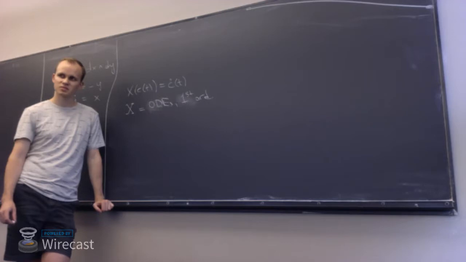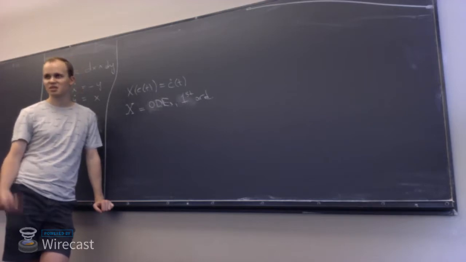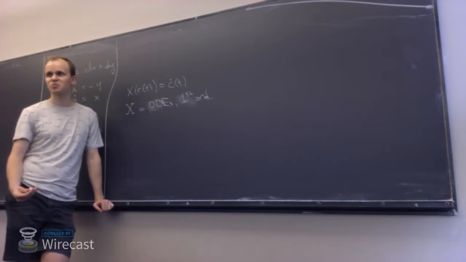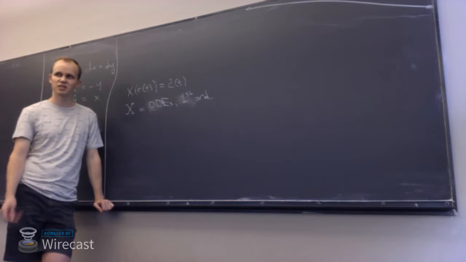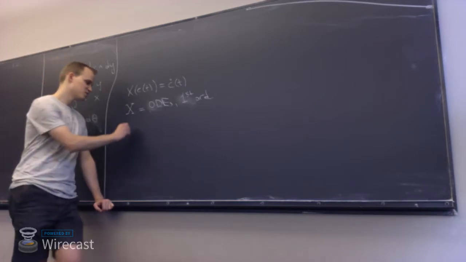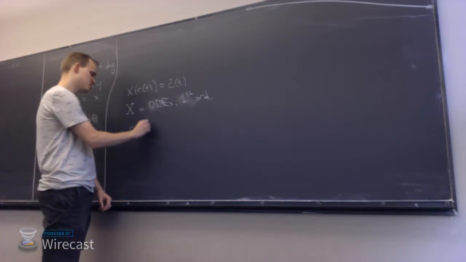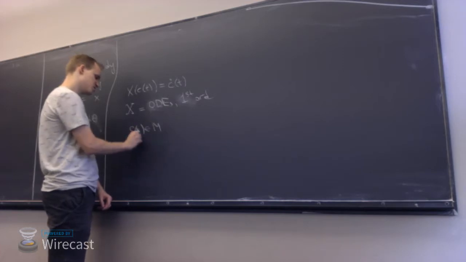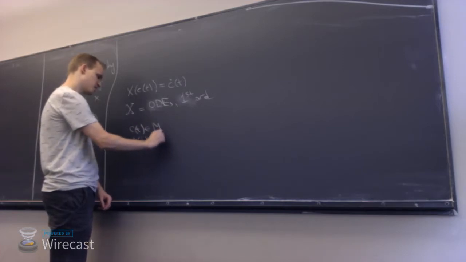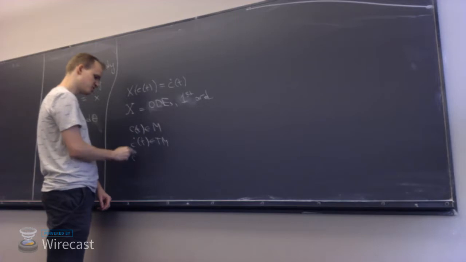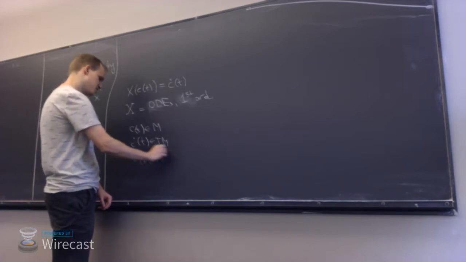The cotangent bundle? Every derivative on any manifold puts you into the tangent bundle of that manifold. So if C of t is on M, C dot of t is on TM, and then C double dot, which is the dot of C dot, is in TTM.